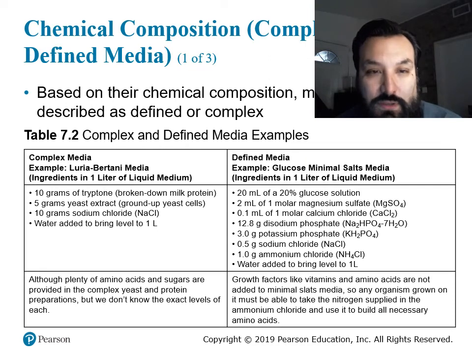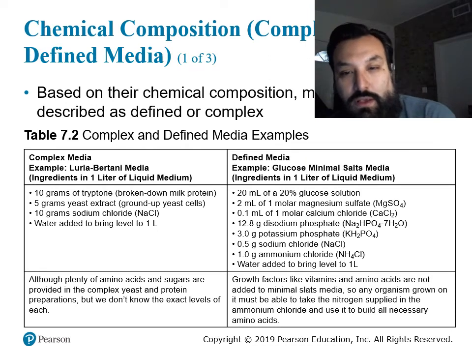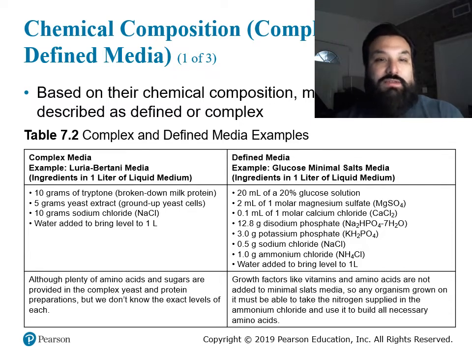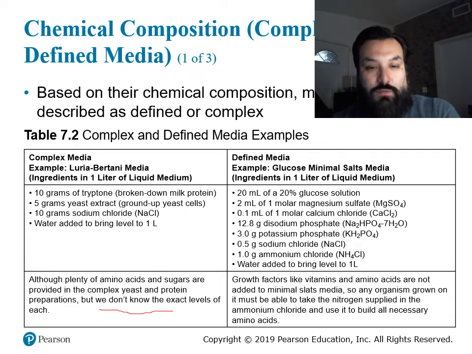It's really neat stuff. Okay, so we can classify media as complex and defined. A complex media, for example on the left side, and again this is just a recipe for a complex media, basically has a lot of different things, but we don't know the exact levels of each one.